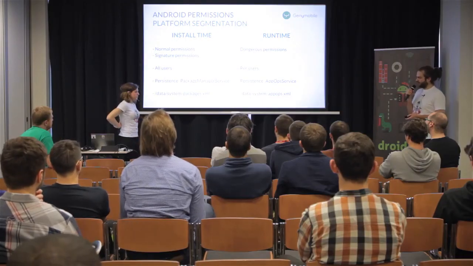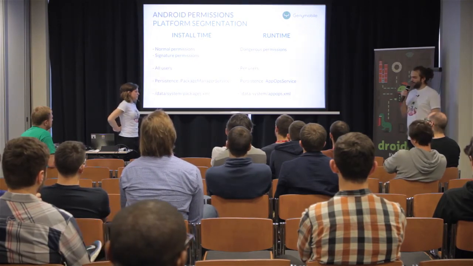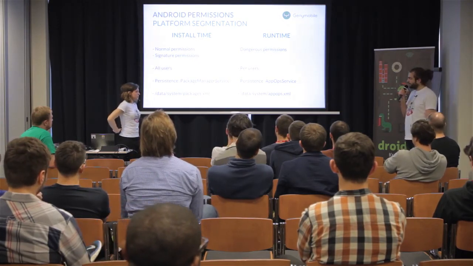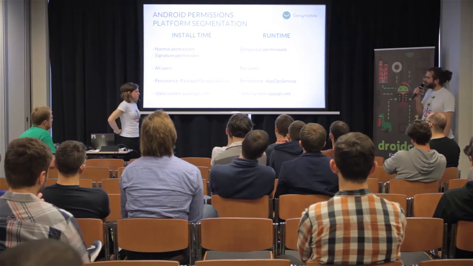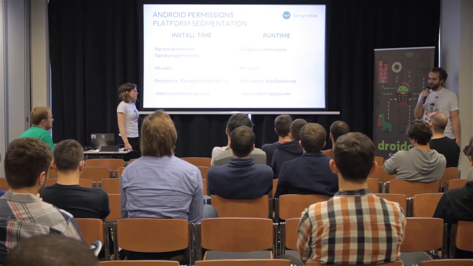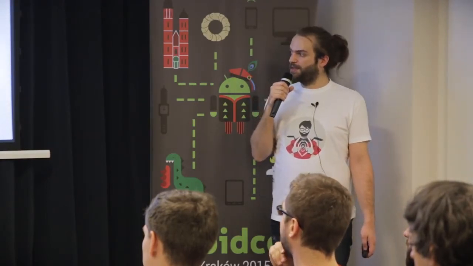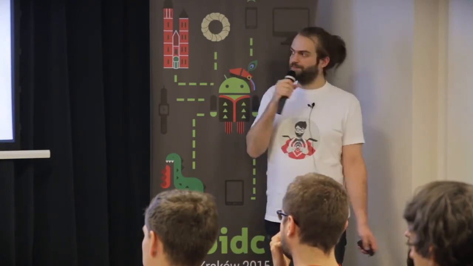This is handled by the package manager service, and the information is written down in the data system packages XML file. Runtime permissions concern only dangerous permissions. This is on a per user, as in per human user, basis. The persistence is handled by the app ops service, and the appops XML file handles this.